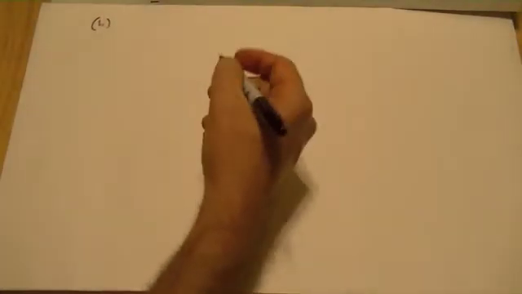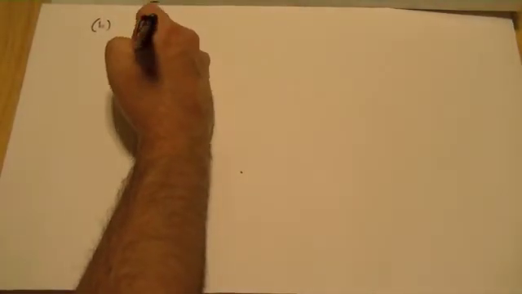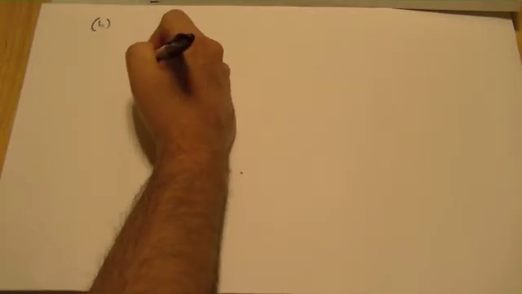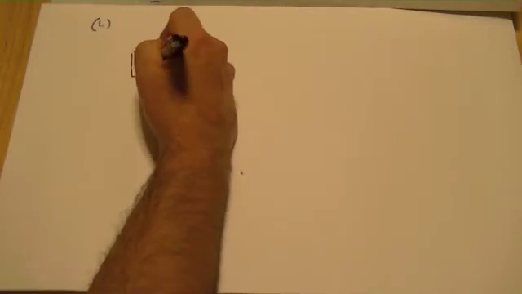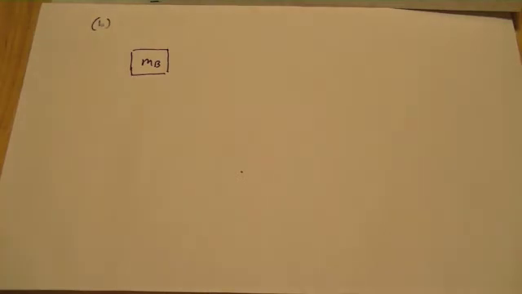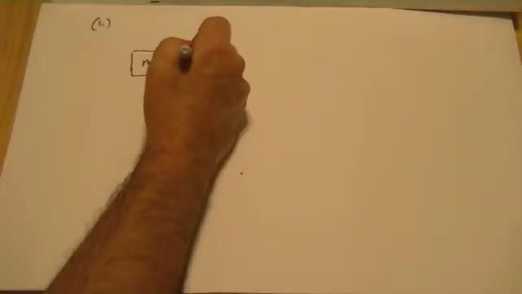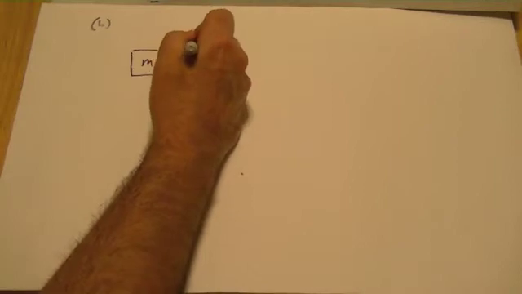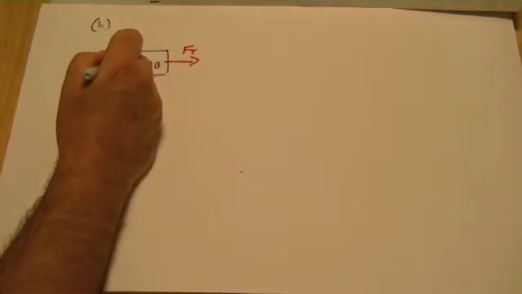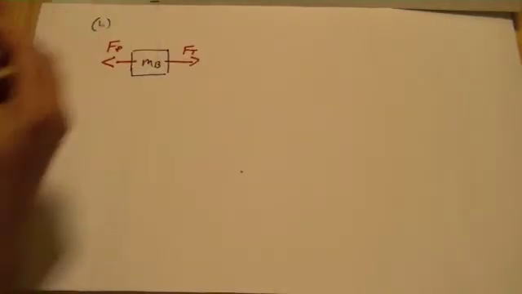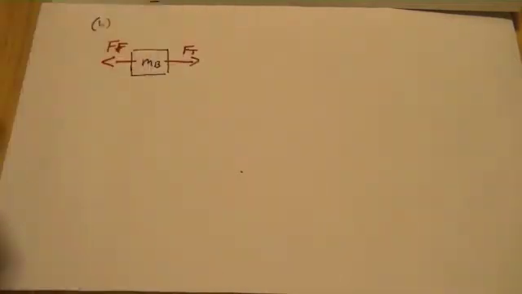So I will now go to part B and draw block B. So I have mass B. But unlike the previous problem, mass B now feels a force in this direction as well as a force in this direction, the force friction. Well, let me make that clearer. F, there we go, force friction.